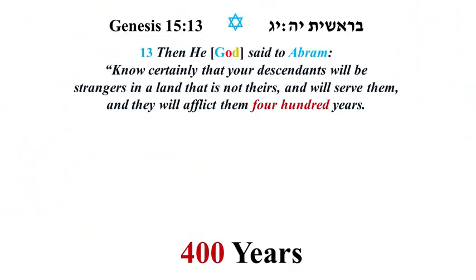In Genesis 15:13, it says, then he, God, said to Abram, know certainly that your descendants will be strangers in a land that is not theirs, and will serve them, and they will afflict them 400 years. So, it is prophesied that the Jews are going to be afflicted 400 years.